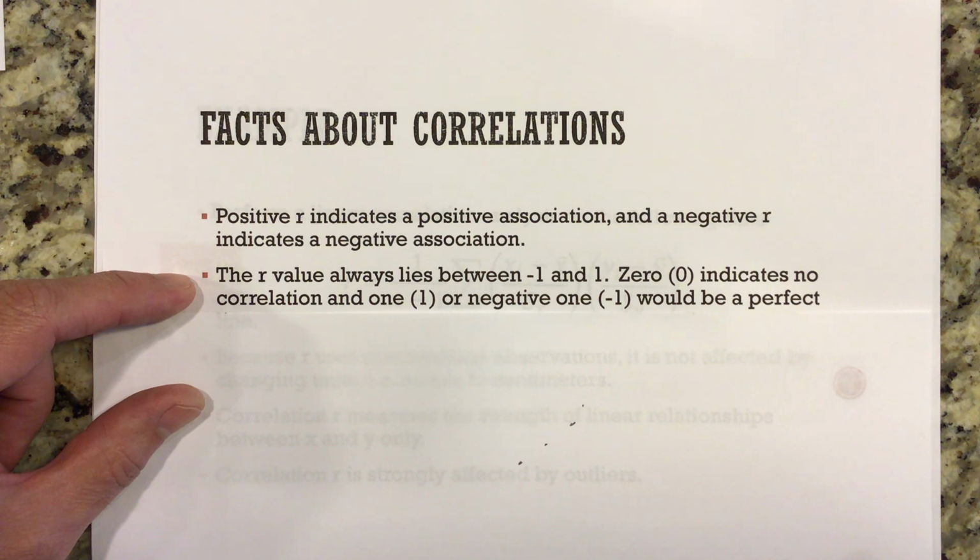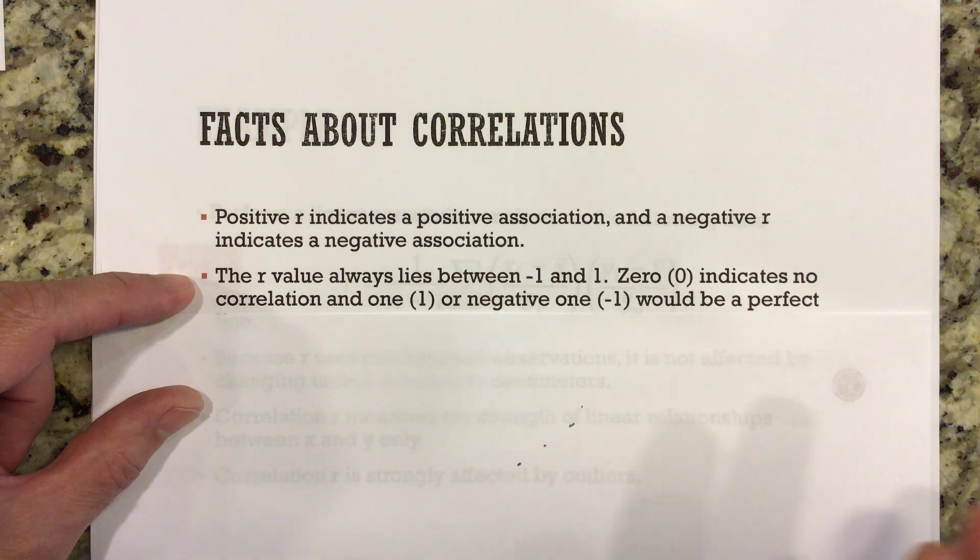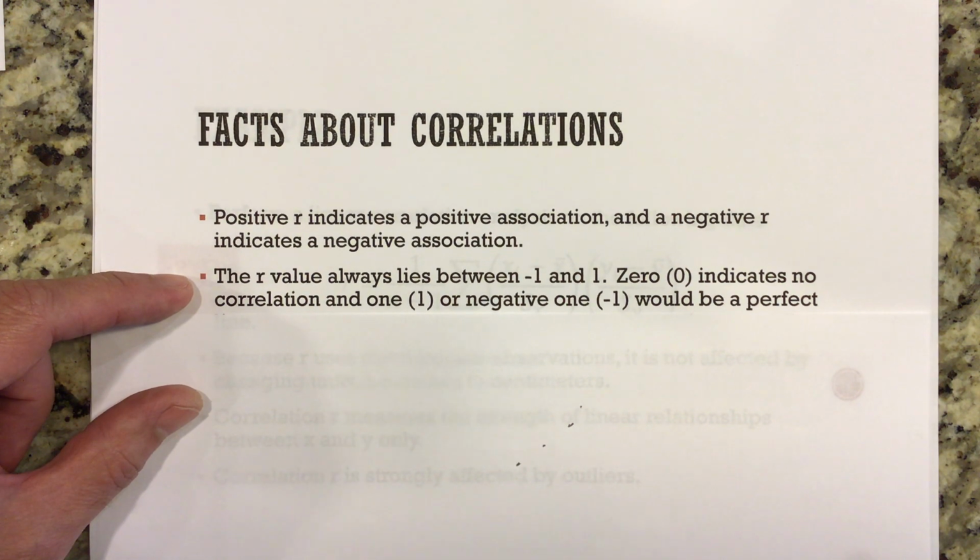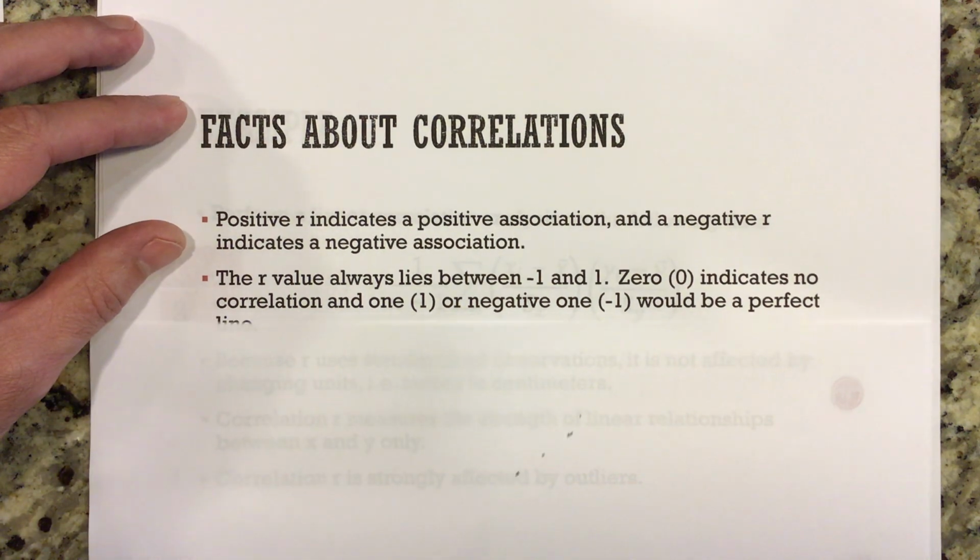You almost have to set it up yourself and create some type of square or something. As soon as you have a little bit of something happening, you won't get 0 anymore. So don't expect to see 0 pop up unless you almost purposefully place points yourself to create a correlation of 0. So really what we do, anything at all close to 0, we say there's nothing there. There's no relationship.